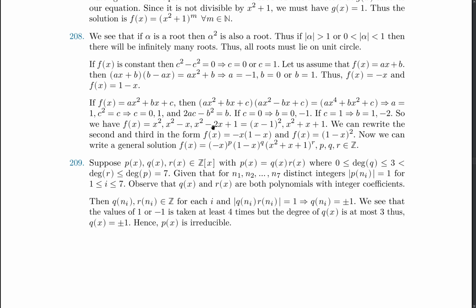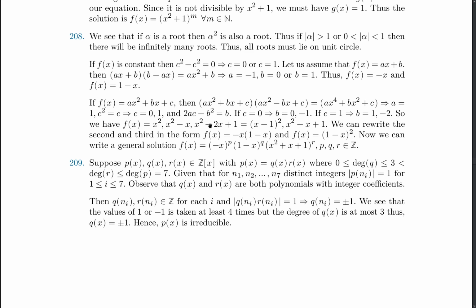So we have already found that a is 1 or minus 1. Mod of alpha is 1, so it could be 1 or minus 1. So we have the roots. Now we can write the second and third equation. So second is x square minus x, which we write as minus x times (1 minus x).